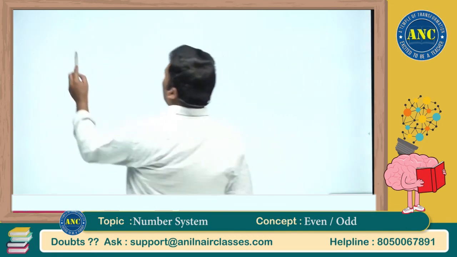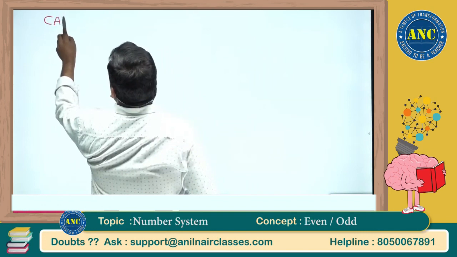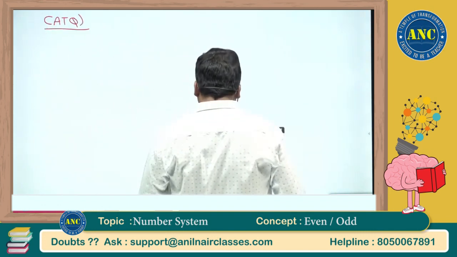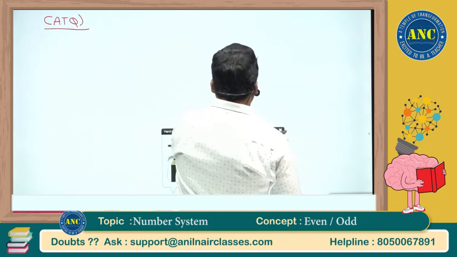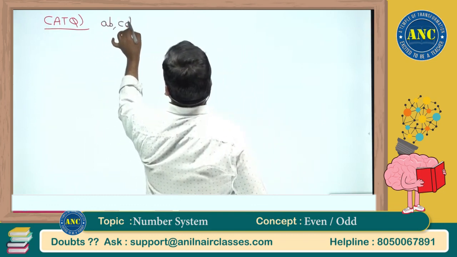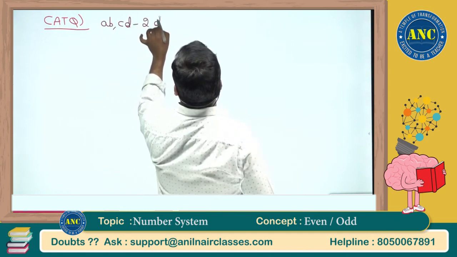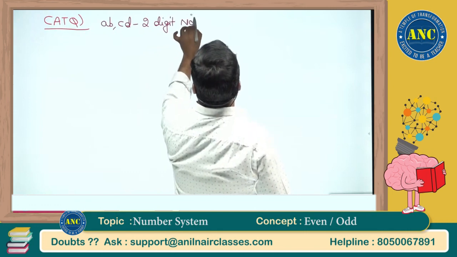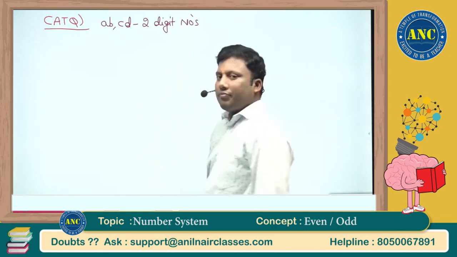Original CAT question, sir. Let me read the question for you. There are two numbers, AB and CD. They are two-digit numbers.